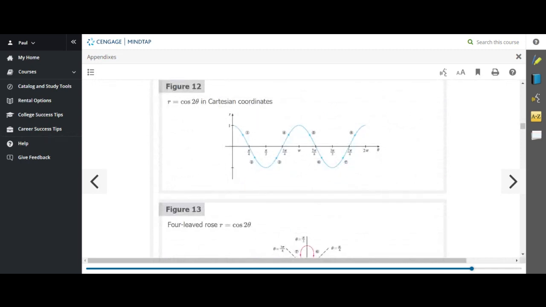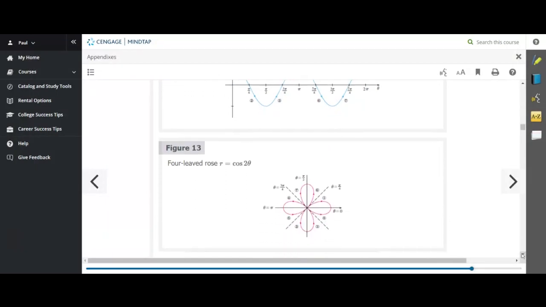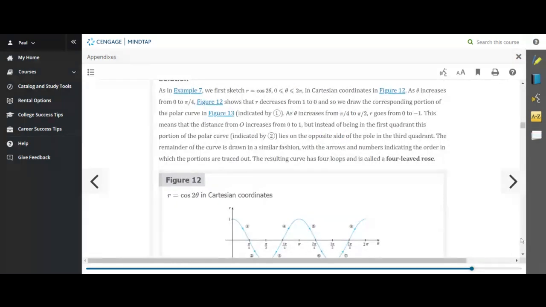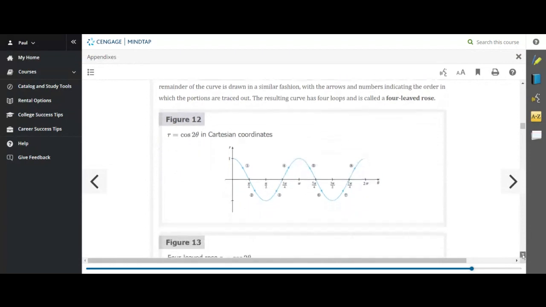You see they have sections of the graph, 1, 2, 3, 4, 5, 6, 7, and 8. And then they graph those sections in the polar curve in figure 13. I made the window a little smaller here, so hopefully both will show.